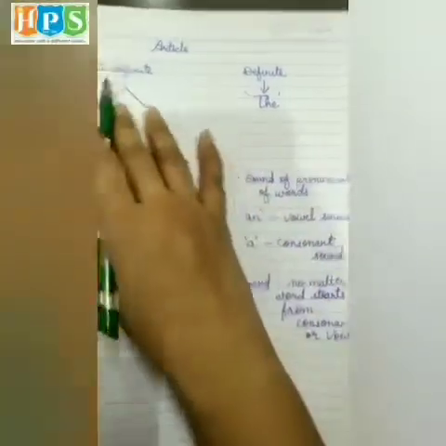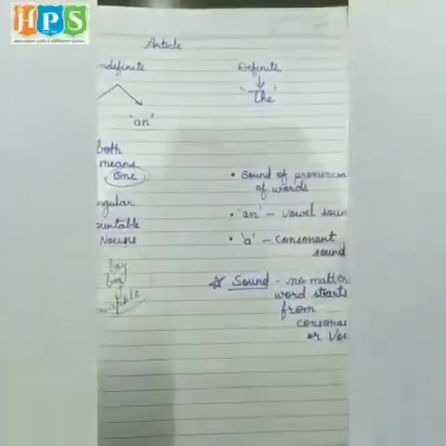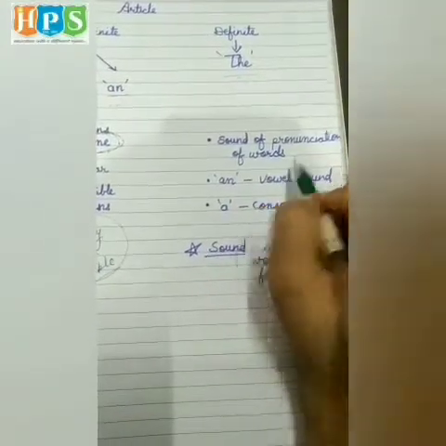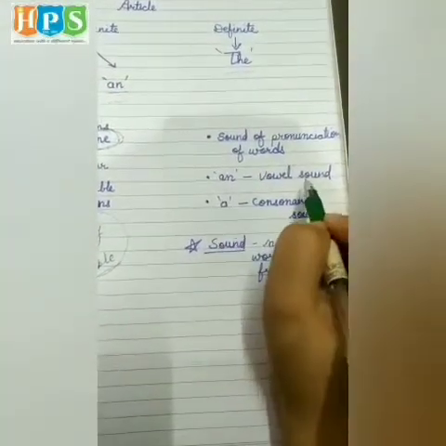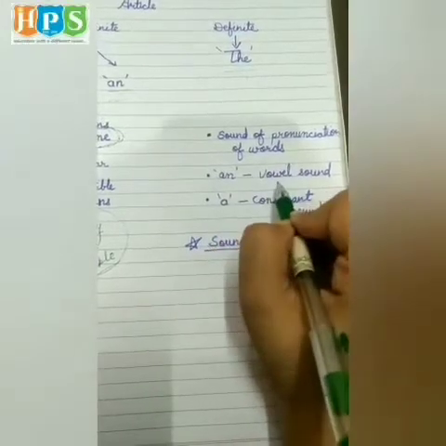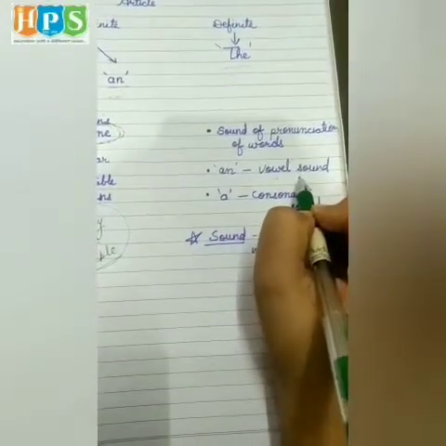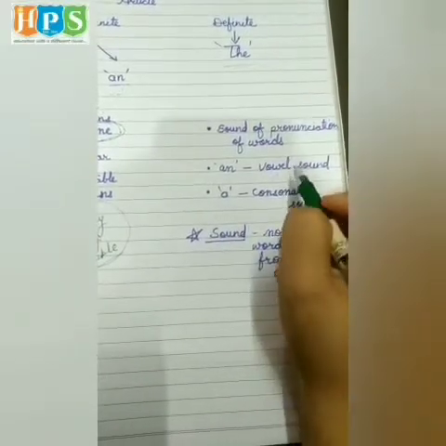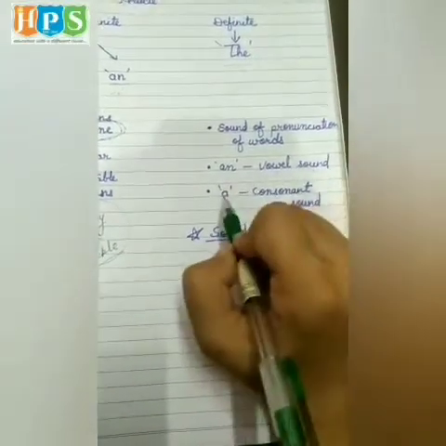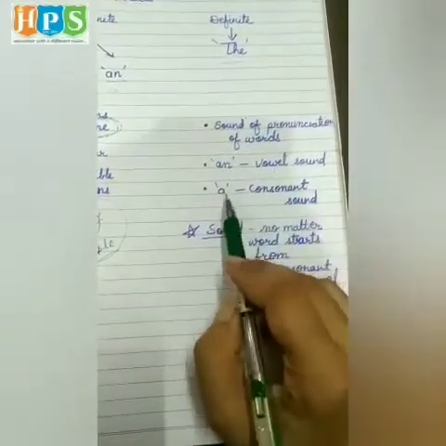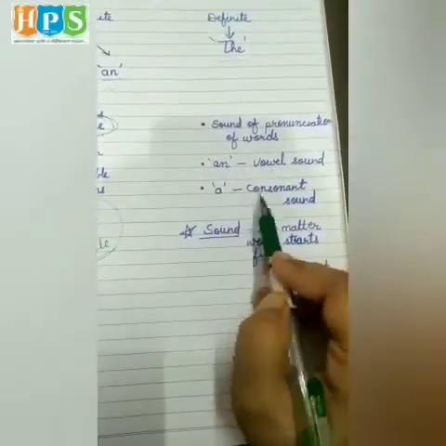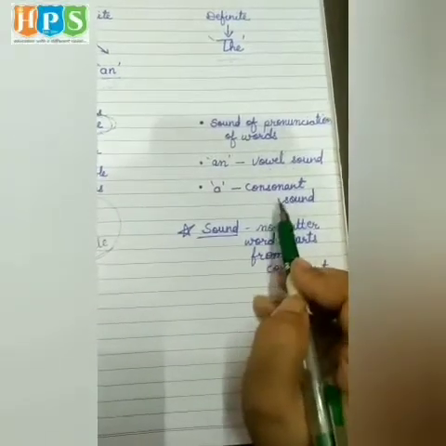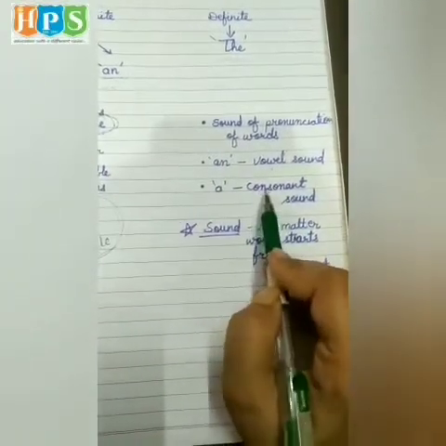So articles always depend on the sound of pronunciation of words. An is used before a vowel sound, for nouns that start with the sound of a vowel. A is always used before words that begin with the sound of a consonant.